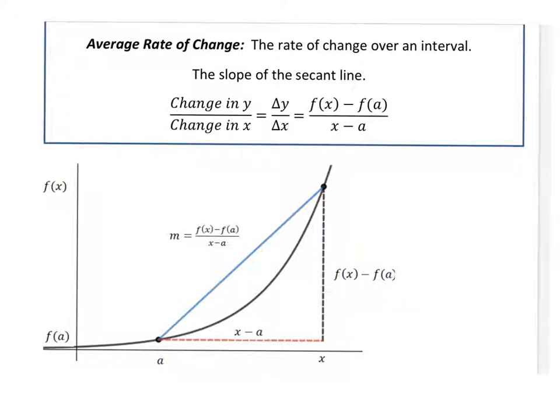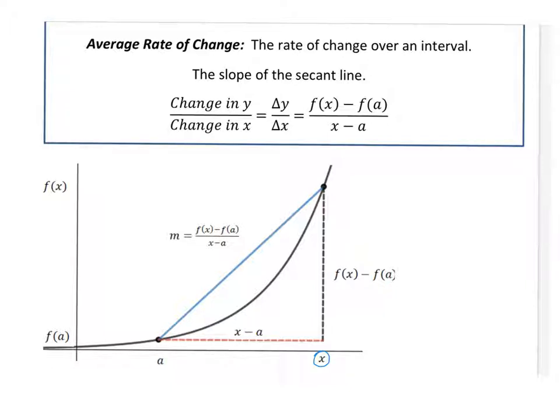Where this is all heading is a very fundamental idea in calculus, which is the instantaneous rate of change, or the slope of the tangent line. So what you'll notice here is I have the formula for average rate of change again, but I've considered point b as a variable.